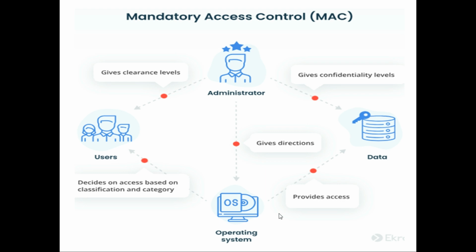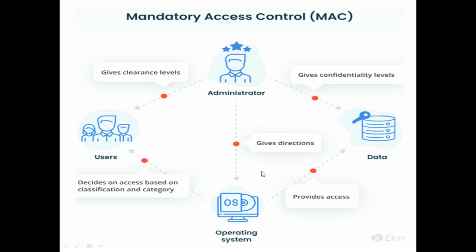Here is the block diagram for the mandatory access control method, where the administrator is responsible for providing some information to the data and the user. First of all, the administrator will provide the confidentiality level of the data to the database and the clearance level to the users, and give the direction to the operating system.